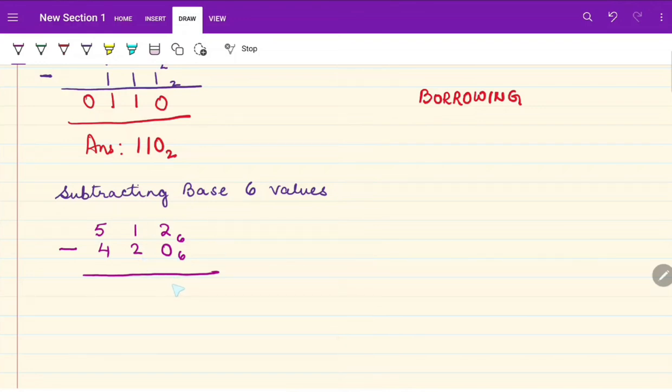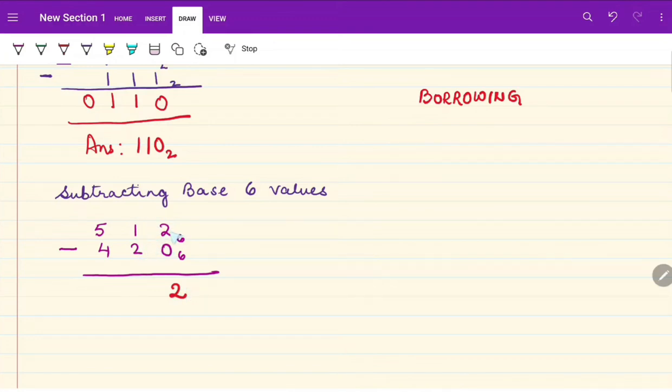Again, same process to follow, but this time, remember, the bundles that we will be borrowing would be bundles of 6, all right? So again, start from the rightmost column, look at the digit on top. 2 is greater than the digit at the bottom, so this is a normal straightforward subtraction. 2 minus 0 is a 2, and I'm going to write the value 2 here.